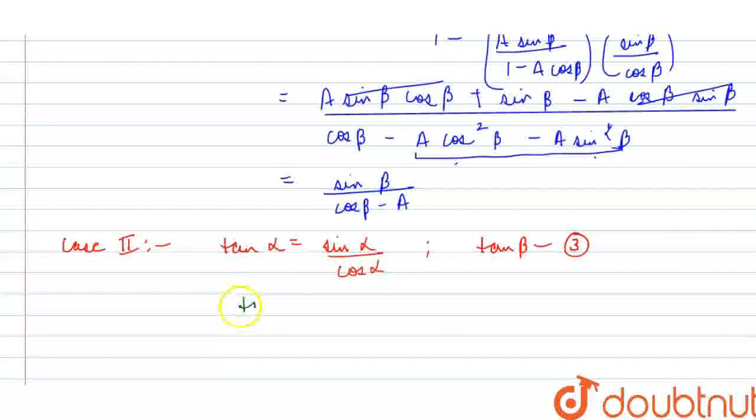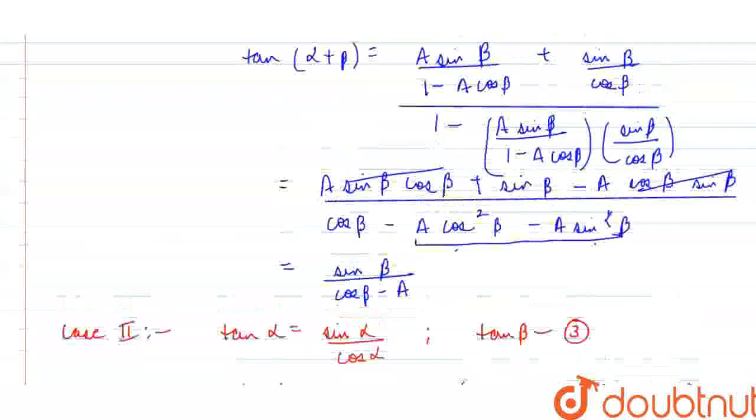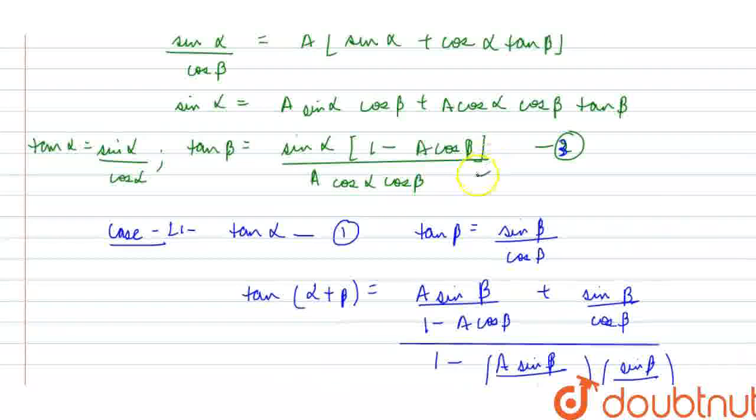Again, tangent of alpha plus beta, so that is tangent alpha, that is sine alpha upon cos alpha, plus tan beta, which is sine alpha into 1 minus cos beta upon a cos alpha cos beta. This is the value we have found out in equation number 3.